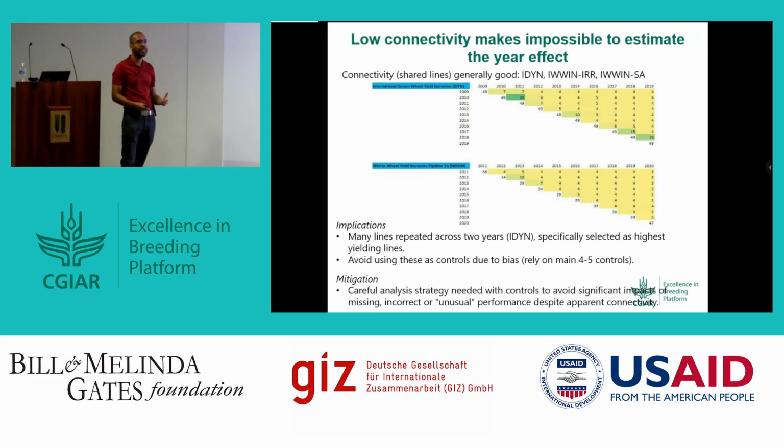Why? Because, like we said, the whole point of the connectivity is to remove the year effect as well as we can, and that was being achieved by some of those analyses. Across all the centers, we found, I'm just putting some examples, good analyses and bad analyses across all the centers. And not analyses, I would say data sets, structural data sets.